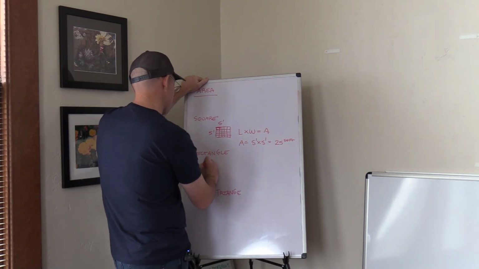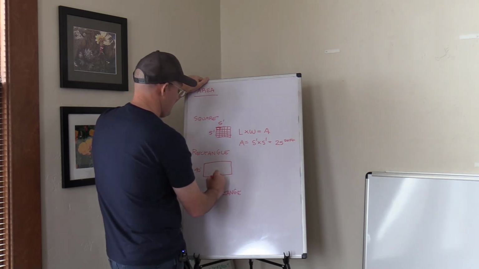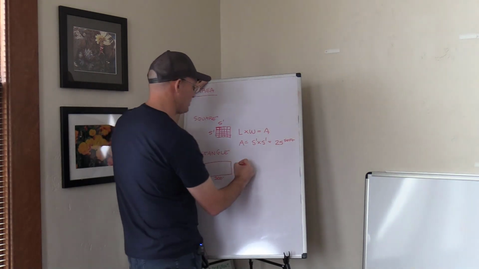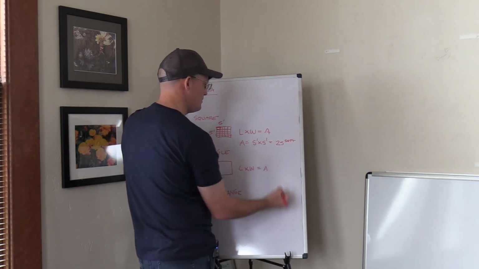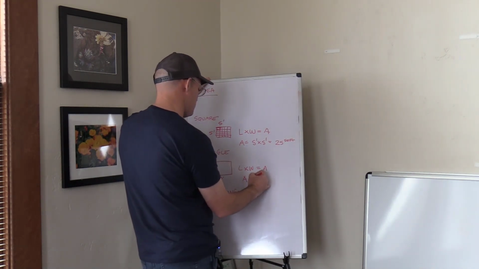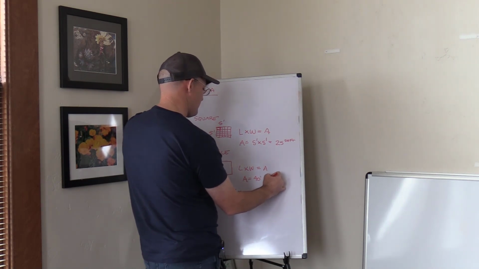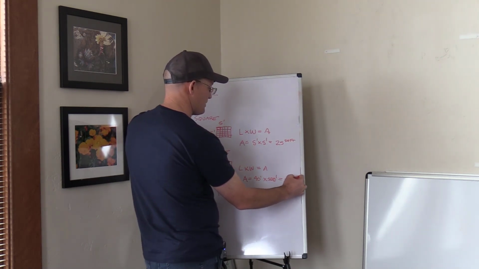Now, rectangles are basically the same. Let's say we have a rectangle that's 40 feet wide by 100 feet long. Same formula, length times width is equal to the area. So in this case, the area of our rectangle will be 40 times 100, which is going to be 4,000.